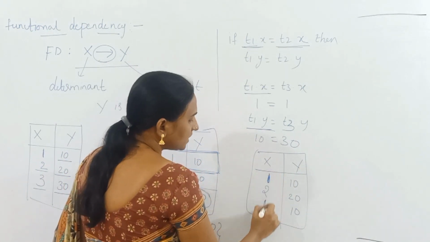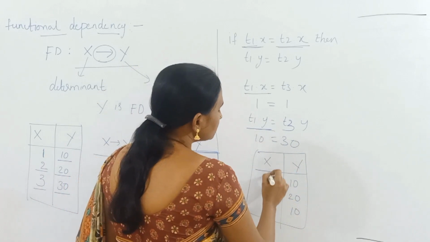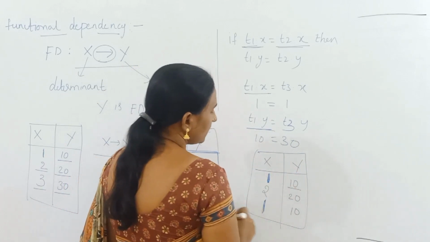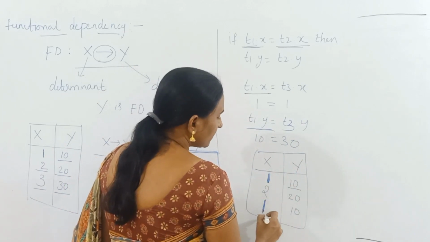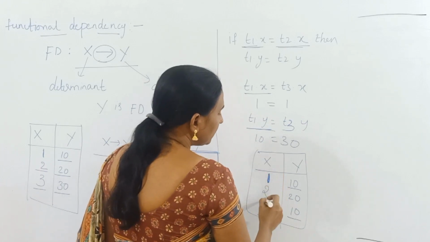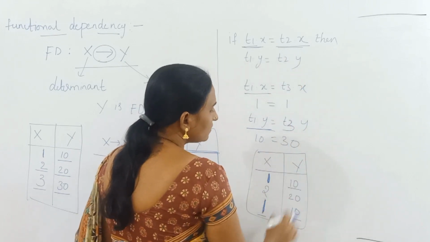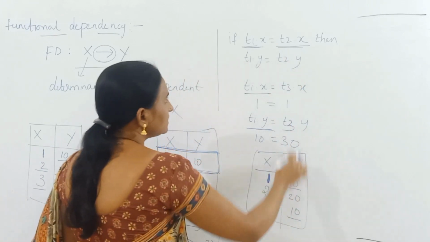Here 1, here also 1. So we will check the y values. Here x value 1, what is the y value? 10. Here also x value 1, what is the y value? 10. So x values are repeated, then y value should be same. That is the rule. So this table satisfies this rule.